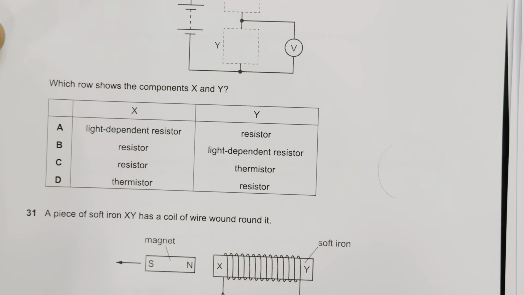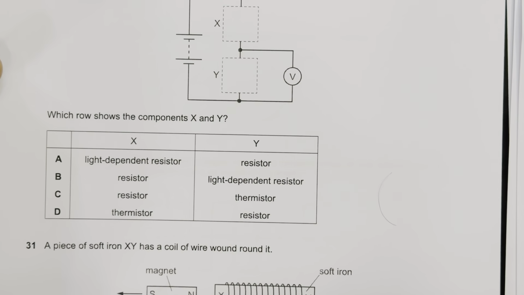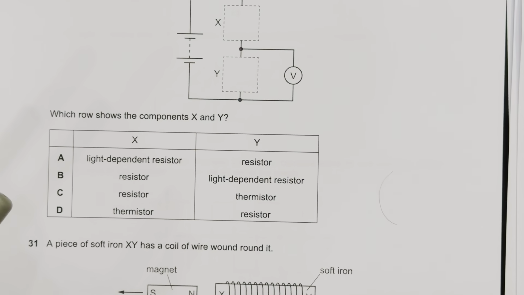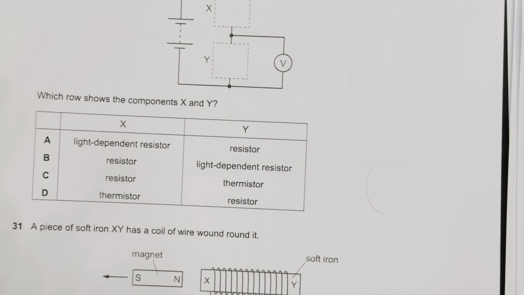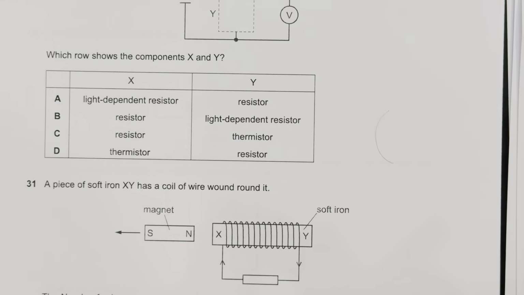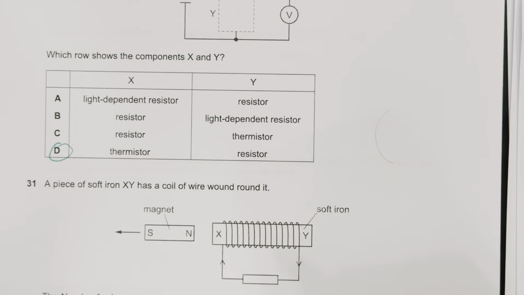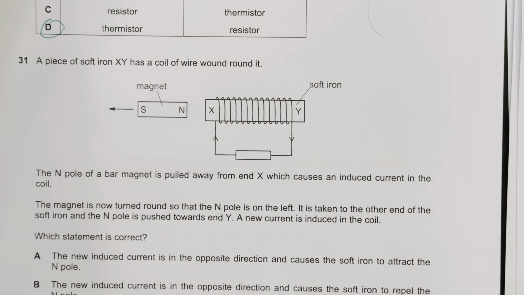Which row shows the components X and Y? We know that for the thermistor, when the temperature increases, the resistance decreases. So option number D is the right option, because when the temperature increases, resistance decreases for the thermistor. Moving to question number 31.